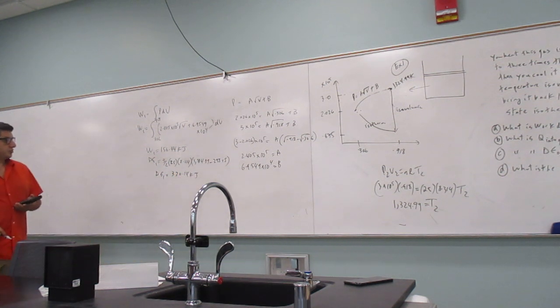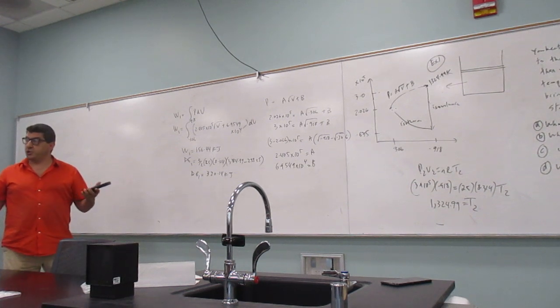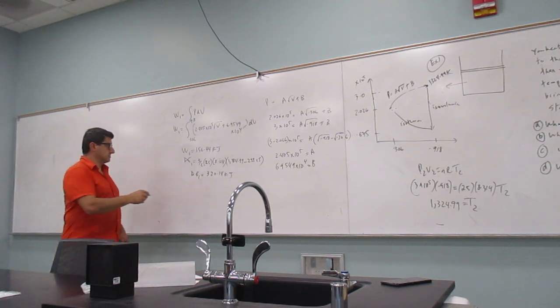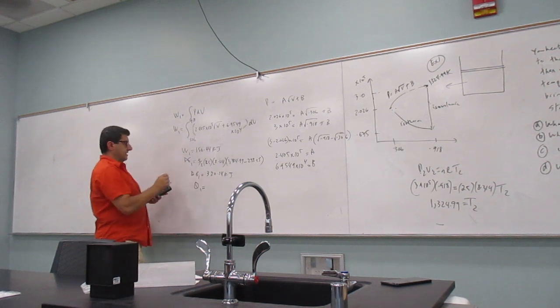Delta E is 320, W1 is 156, and then Q1 is going to be the sum of that, right? This plus that.